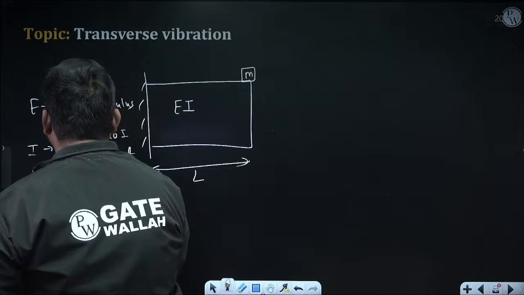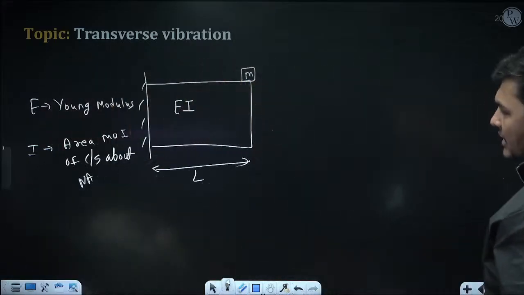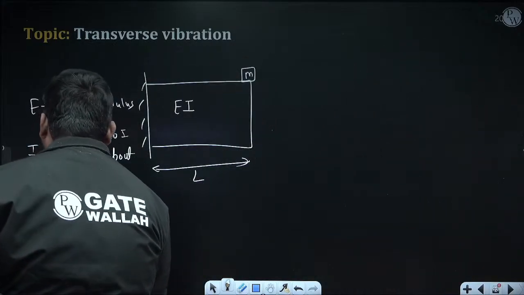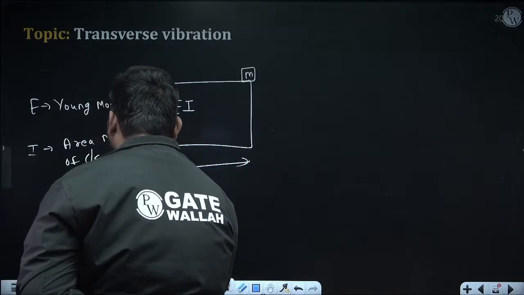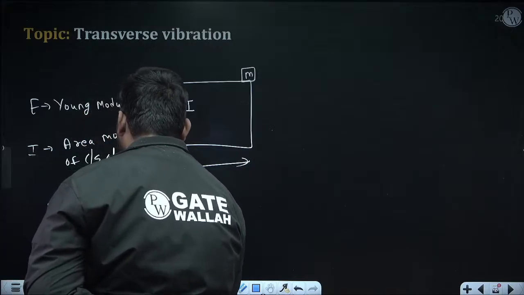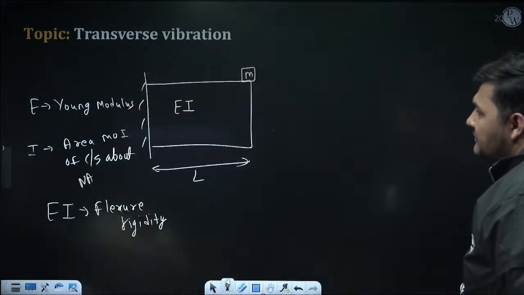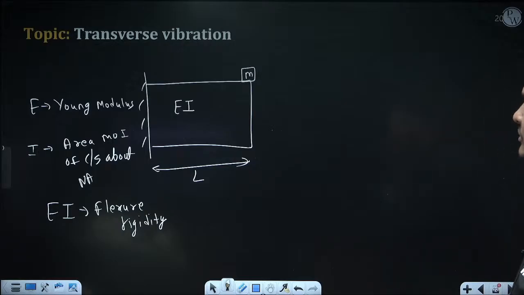This thing you will study in strength of material. And the product of E and I is known as flexure rigidity. So sometimes, to reduce calculation work, the examiner directly gives the value of flexure rigidity, which is the product of E and I. Now see why this EI is required, you will understand, don't worry.